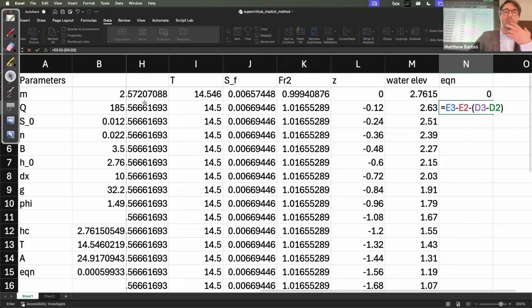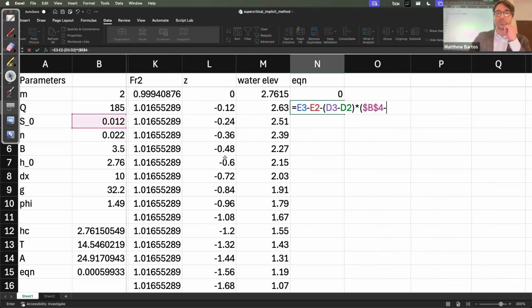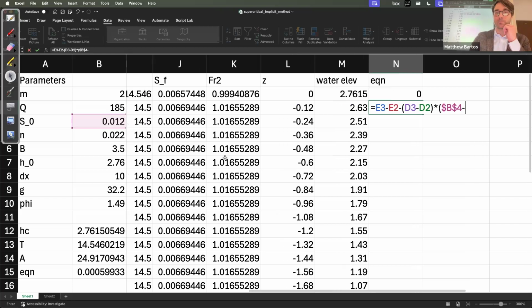Okay, so we have H_{k+1} minus H_k minus the spatial step. And now we're just going to multiply by quantity bottom slope minus the friction slope. So our bottom slope is cell B4. I'm going to use an absolute cell reference there. Minus the friction slope.